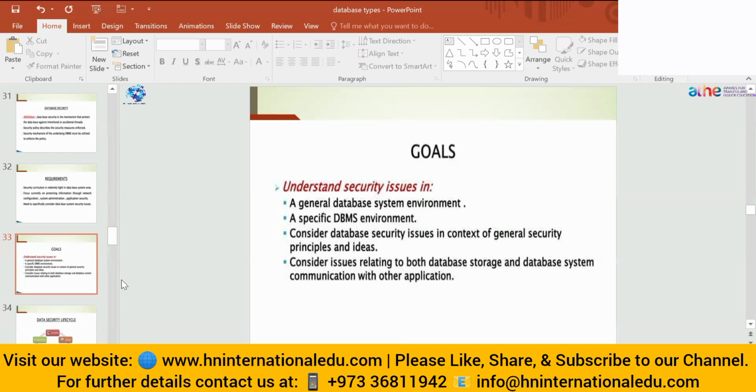So we must understand the security issues in the DBMS environment. Consider database security issues in the context of general security principles and ideas. Consider issues related to both database storage and database system communication with other applications.